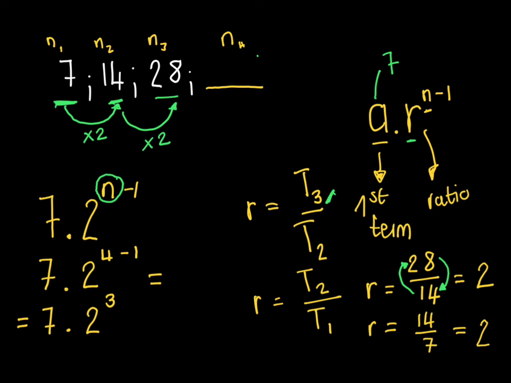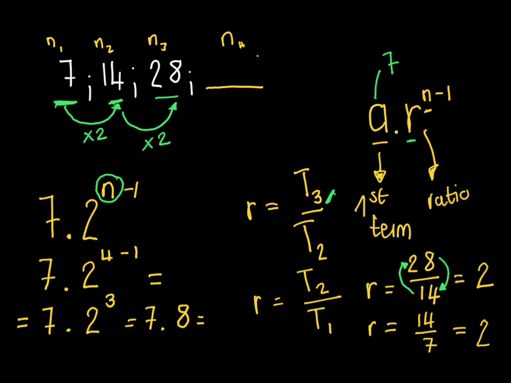And then we can just calculate that. That's going to give us 7 multiplied by 2 to the power 3. How much is that going to give us? Yes, we know that 2 to the power 3 is going to give us 8. That's 2 cubed. And that should give us the next answer we're looking for in the sequence.